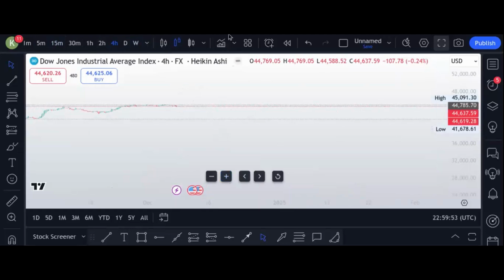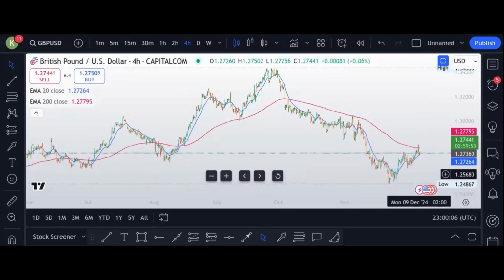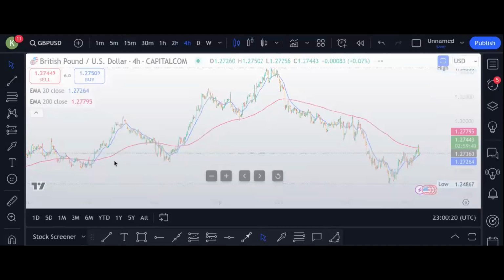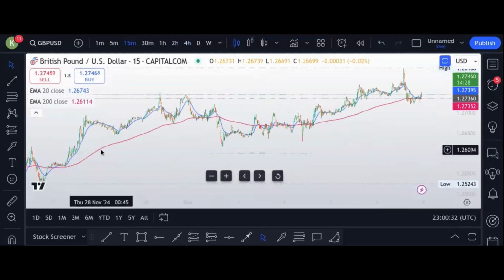And I think the final pair that we're going to be looking at is the GBP USD. GBP USD, we're actually looking at a bit bullish, just a little bit above a demand zone, right? And if I scale down to the 15-minute, I believe we're completely above our 20 and 200 moving average.